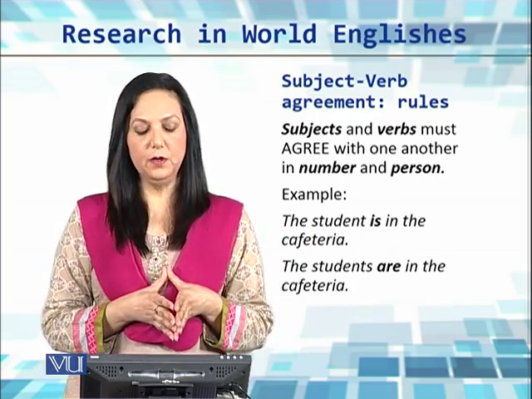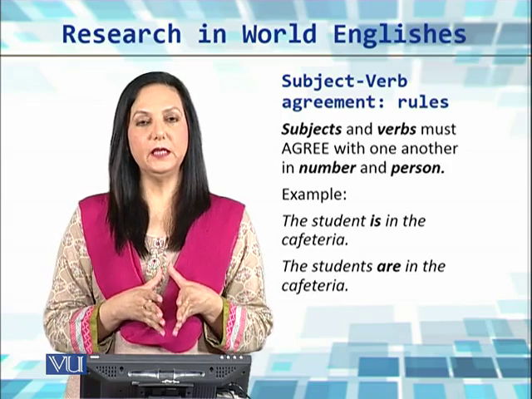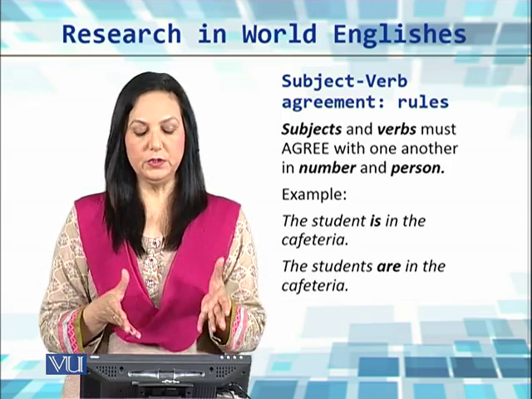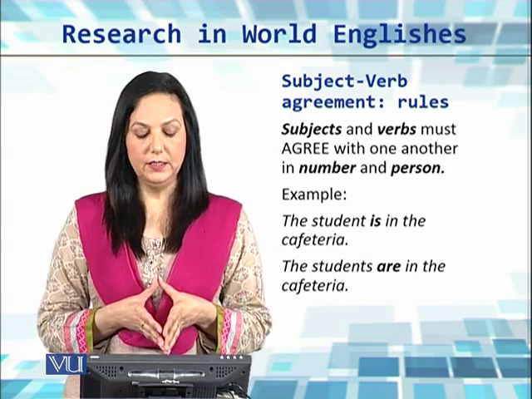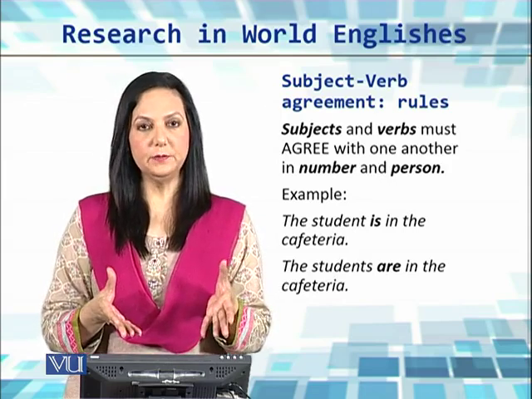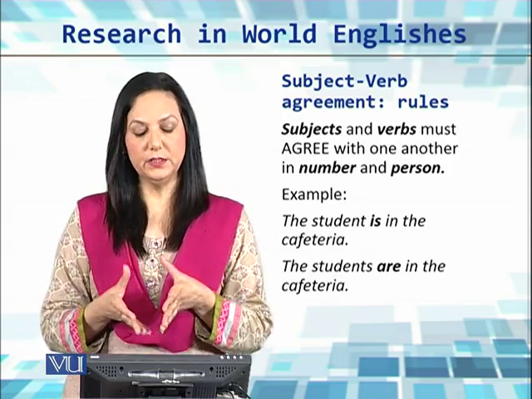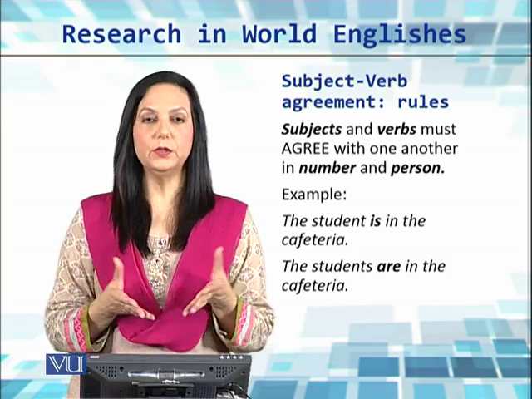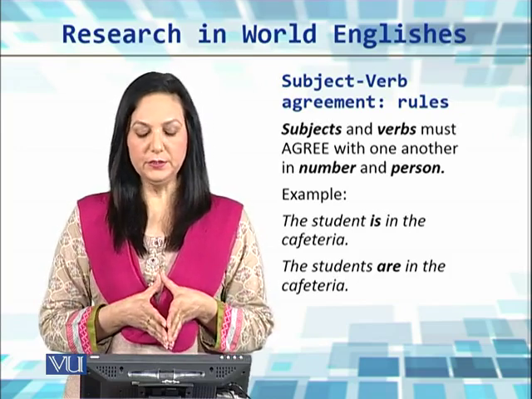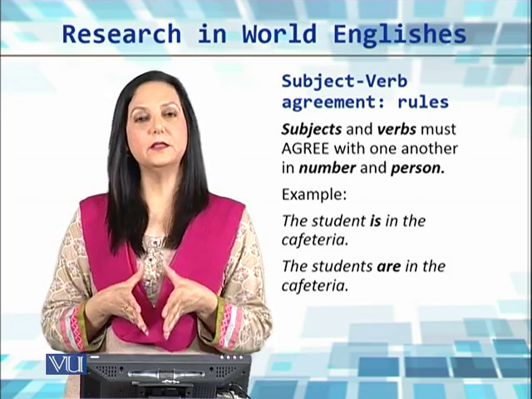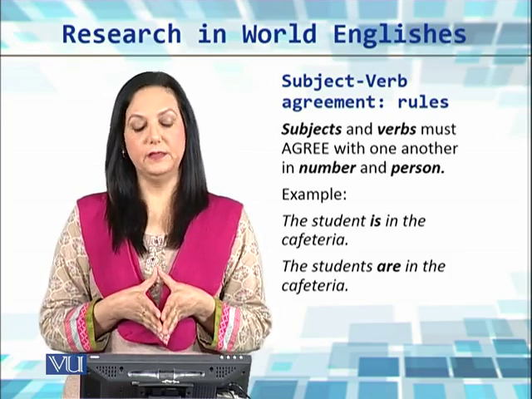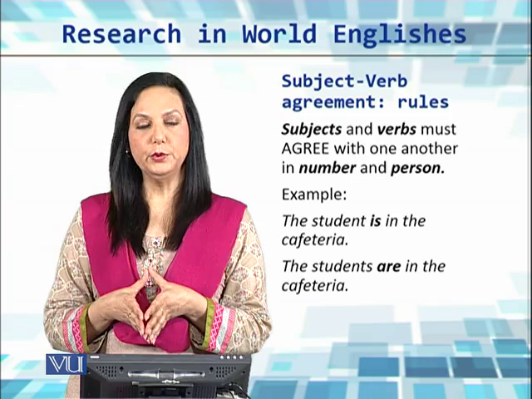Another example of subjects and verbs agreeing in number and person will be the student is in the cafeteria. The singular subject, the student, agrees with the verb is, so this is correct. Similarly, the students are in the cafeteria. Here the subject is plural, therefore it takes a plural verb.